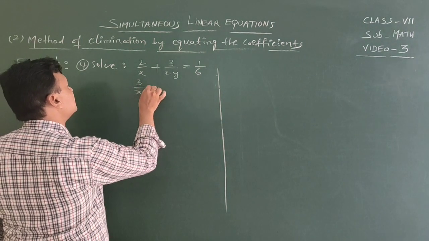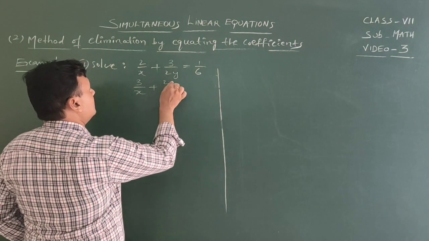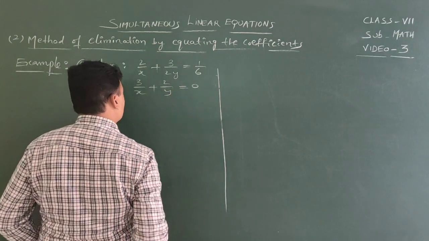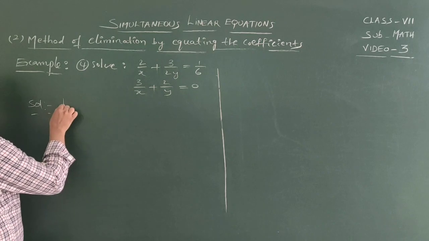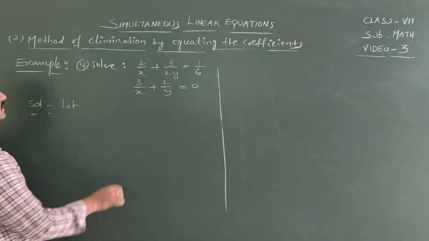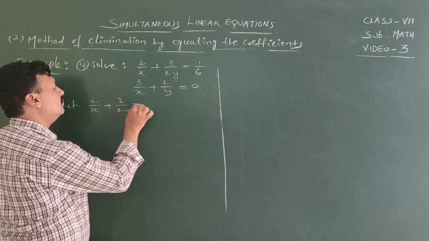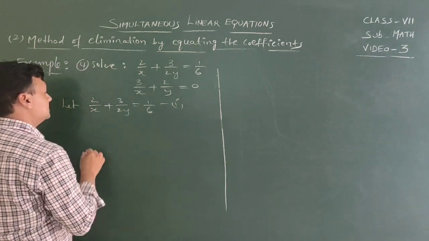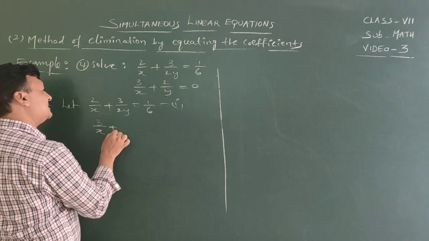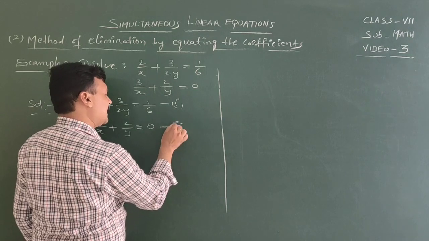Next, 3 by x plus 2 by y equal to 0. Let 2 by x plus 3 by 2y equal to 1 by 6 be the first one, and 3 by x plus 2 by y equal to 0 be the second one.